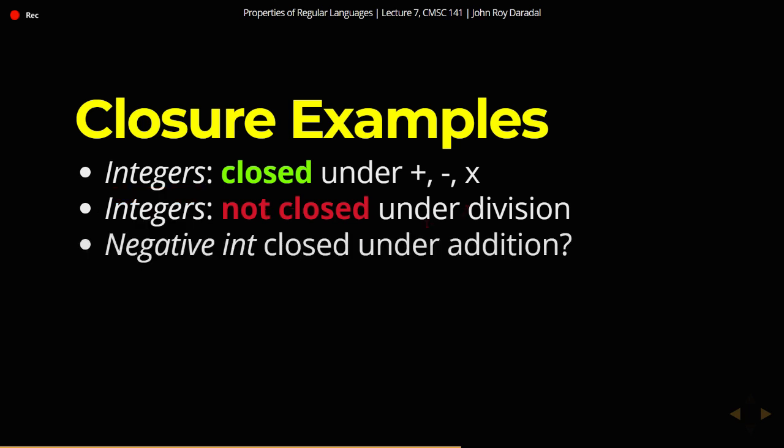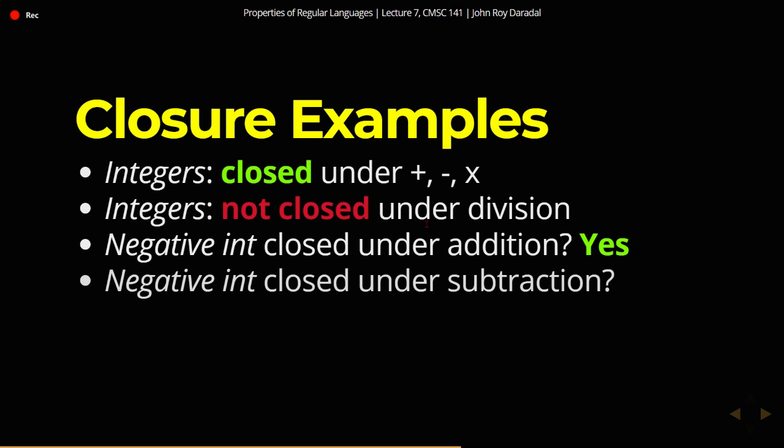Now, are negative integers closed under addition? Yes, because if you add two negative numbers, so minus 5 plus minus 3, that would still be a negative number always, right? Now, how about under subtraction? Are negative integers closed under it? Well, it's not.